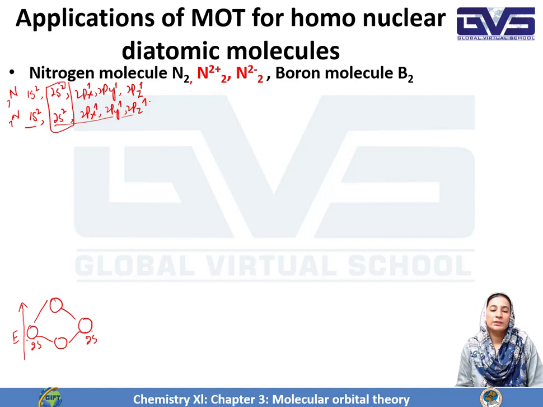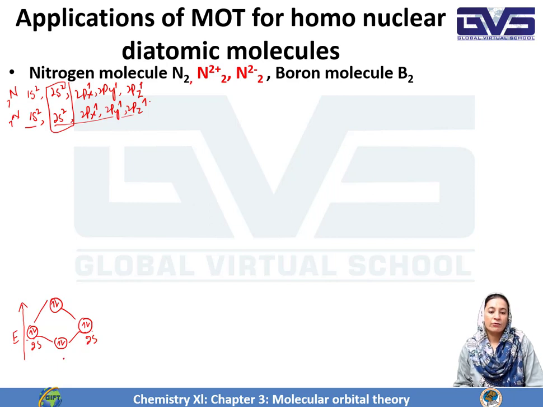In 2s there are 2 electrons, and in the other 2s there are also 2 electrons. Now fill the electrons according to the Aufbau, Pauli, and Hund's rules. You have a total of 4 electrons, so electrons will go first to the lower molecular orbital, 1, 2, and then to the higher antibonding molecular orbital.